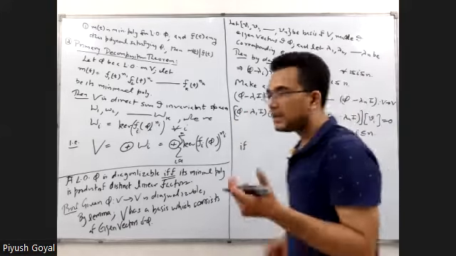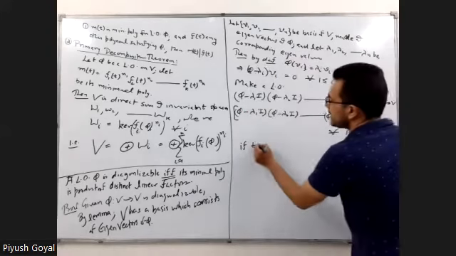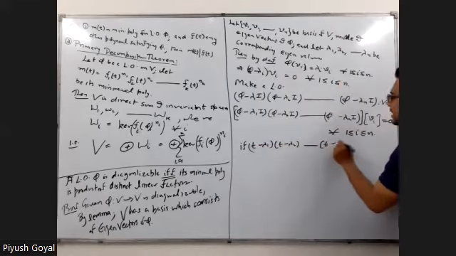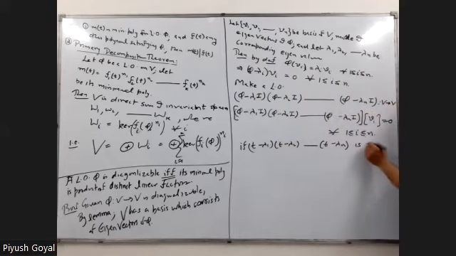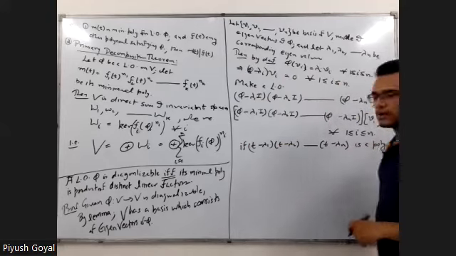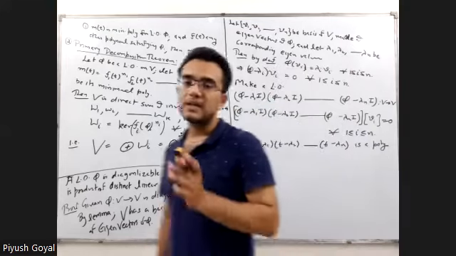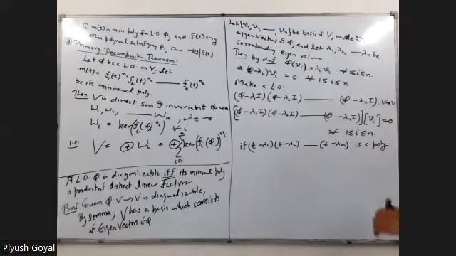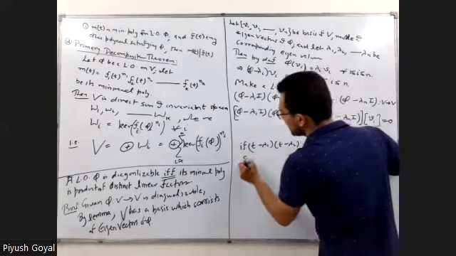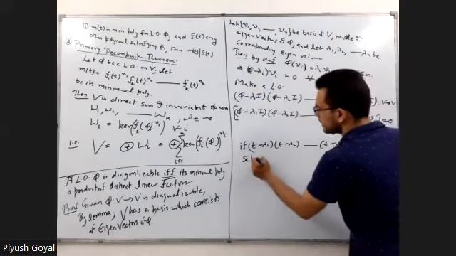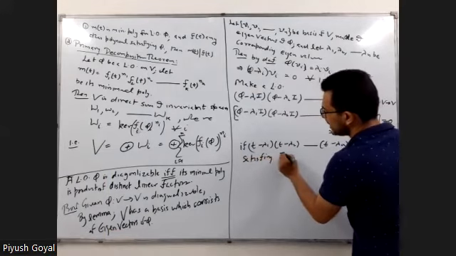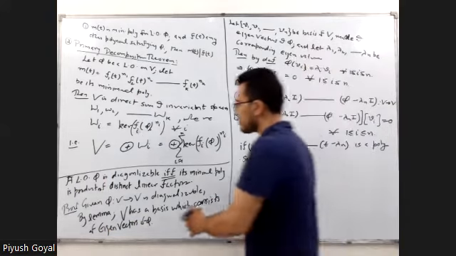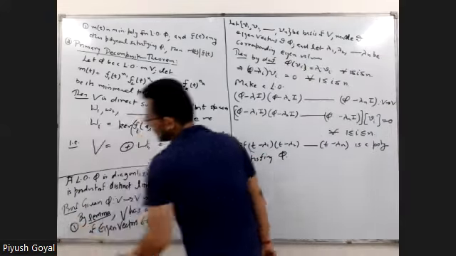That is, (t minus lambda 1)(t minus lambda 2) up to (t minus lambda n) is a polynomial satisfying phi.